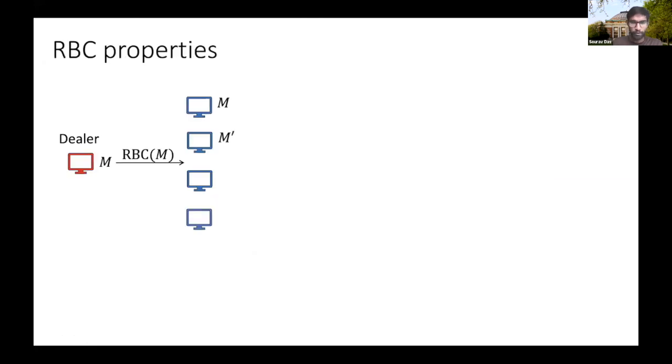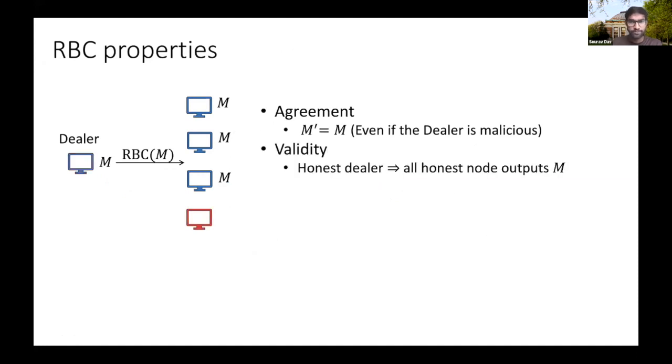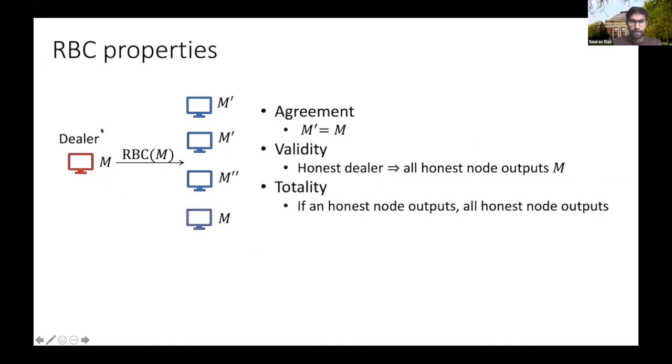More formally, the RBC primitive needs to satisfy 3 things. The first is agreement: every honest node outputs the same message. It also requires validity: whenever the dealer is honest, every honest node should output the dealer's message. And we need totality, which says whenever a single honest node outputs, every honest node should output.